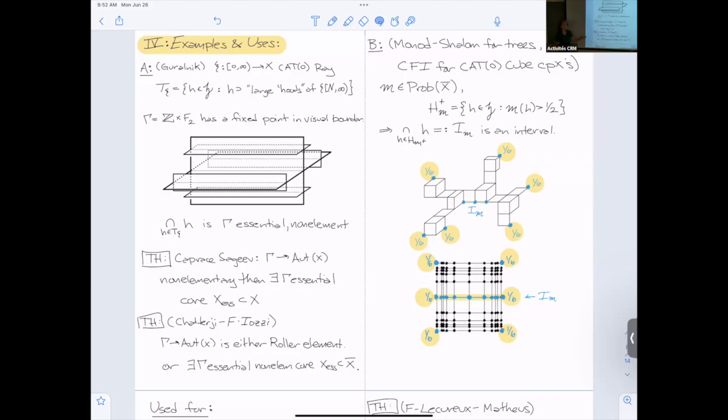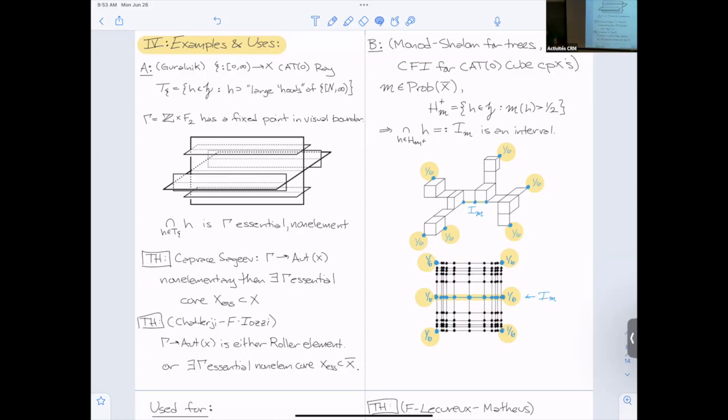And so we were able to extend this to the Roller compactification, namely, if you have an action by automorphisms, either it's Roller elementary, meaning that you have a finite orbit in the Roller compactification, or you have an essential core somewhere, such as in this example, where the essential core is the F2, and you may gain a kernel if you didn't already have one. Okay, so that was the first application.